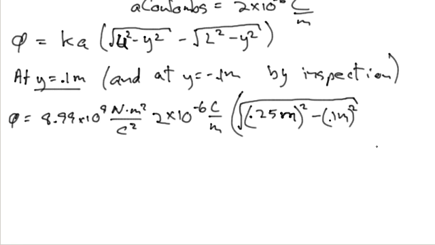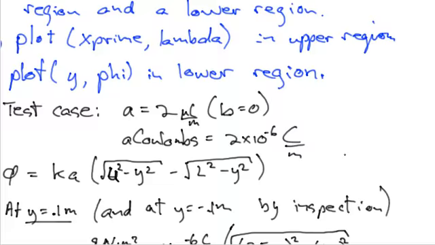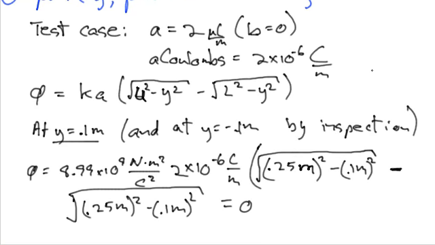So minus square root of is equal to 0. I think I'm going to handle that B differently.